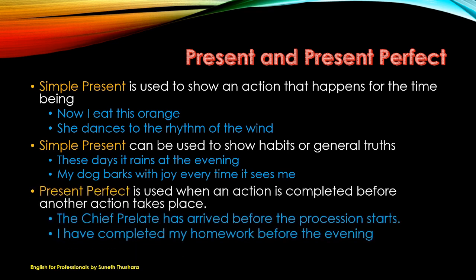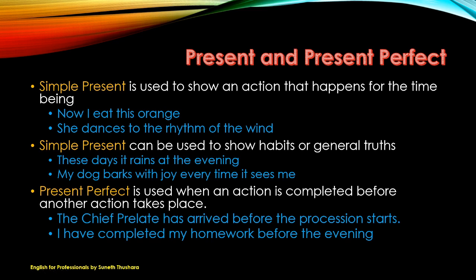Present perfect is used when an action is completed before another action takes place in the present. Earlier it was in the past. "The chief prelate has arrived before the procession starts." So the chief prelate has arrived, and now the procession is going to start. Before that, he has arrived.